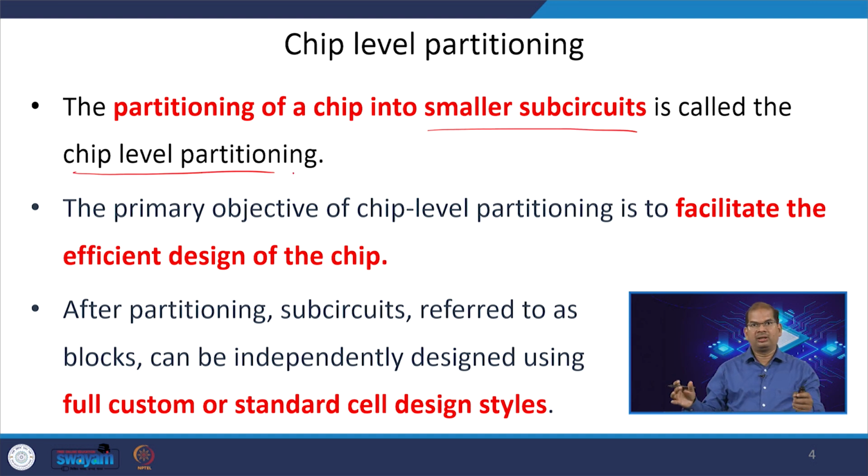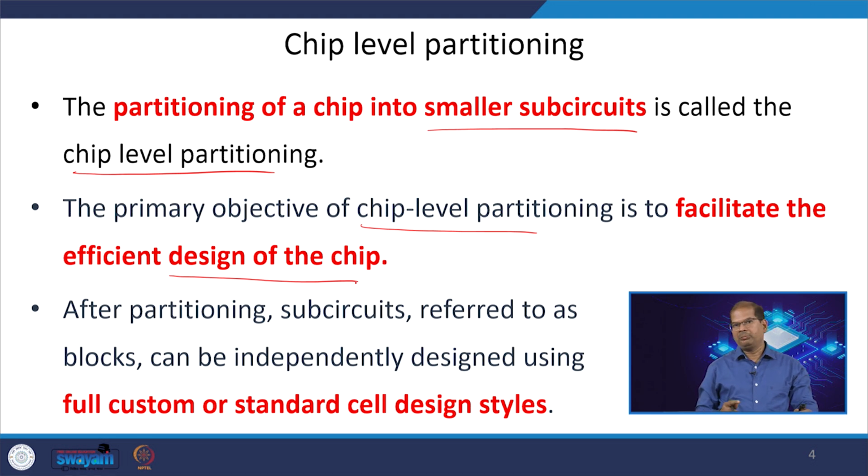I have a bigger design, I want to break that into sub circuits and we can design each of the sub circuits independently. The primary objective of chip level partitioning is basically how I can get a very optimized design of the chip. Very optimized in the sense that in different angles, like speed is the most significant objective.